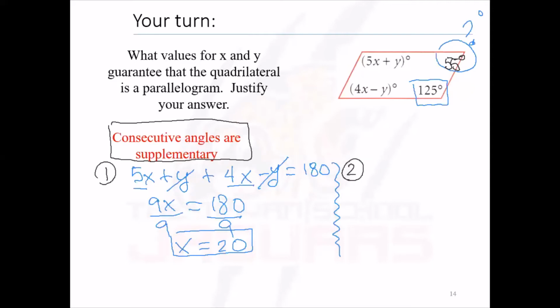I'm gonna propose this equation: 5x plus y, plus 55, must equal 180 degrees. Why? Because these two angles, the ones that measure 5x plus y and 55, are consecutive angles, so therefore they must add up to 180 degrees.